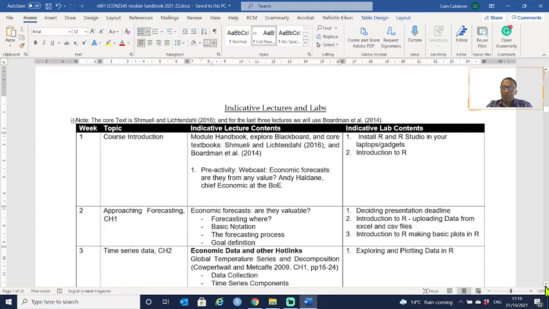So you will find the lab handbook as well in the Blackboard shell. Right, what else do we have here? You will find here all the indicative lectures and all the indicative lab contents. If something changes, I will let you know via announcement that we have changed certain part of this schedule.